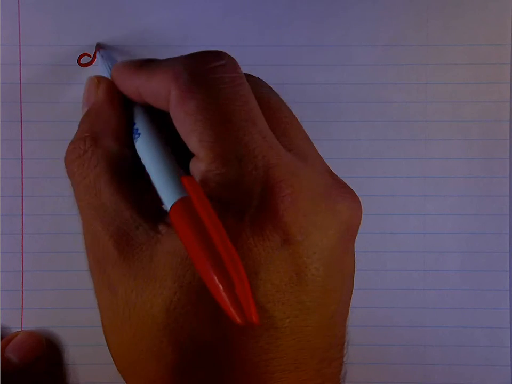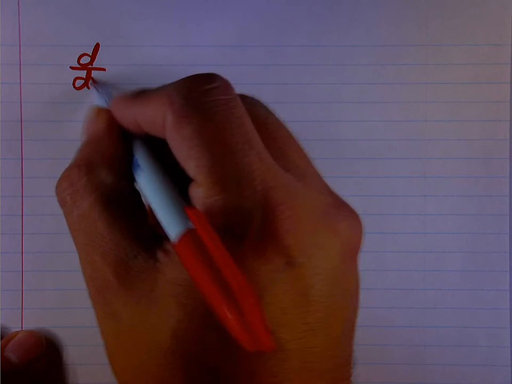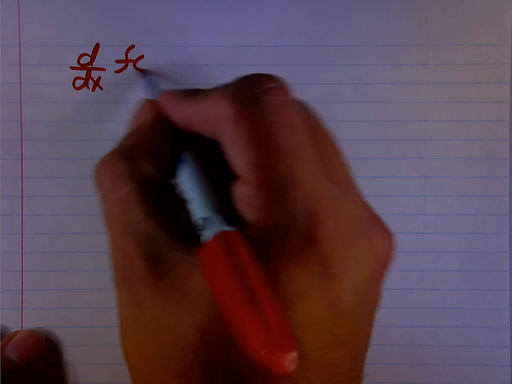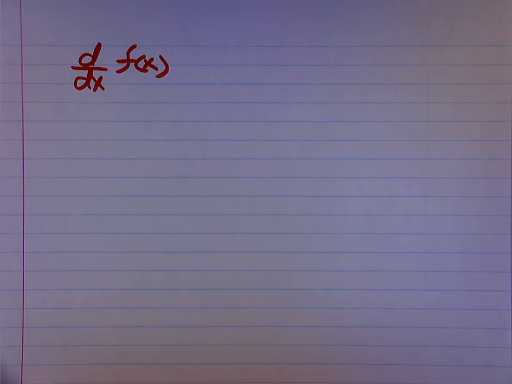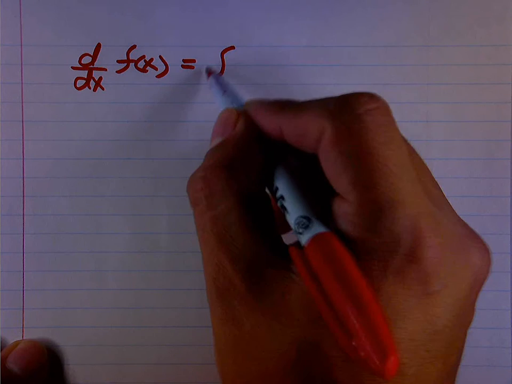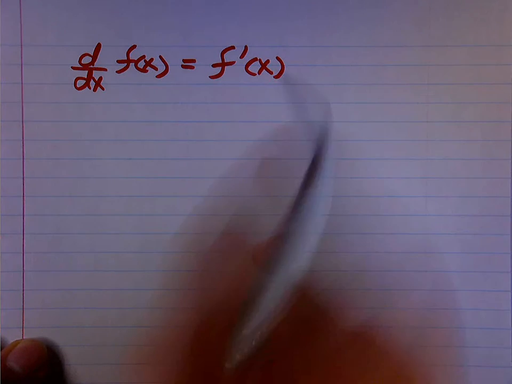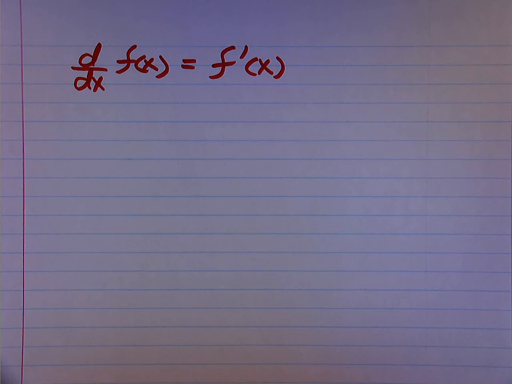This symbol here will be a command statement, which basically means take the derivative of this function. Well, if I take the derivative of this function, I will get f prime of x.